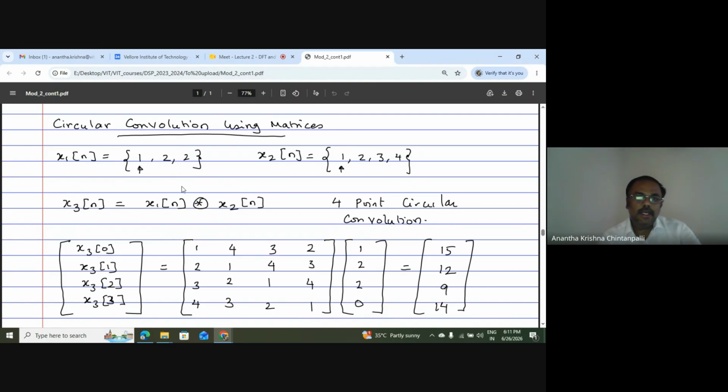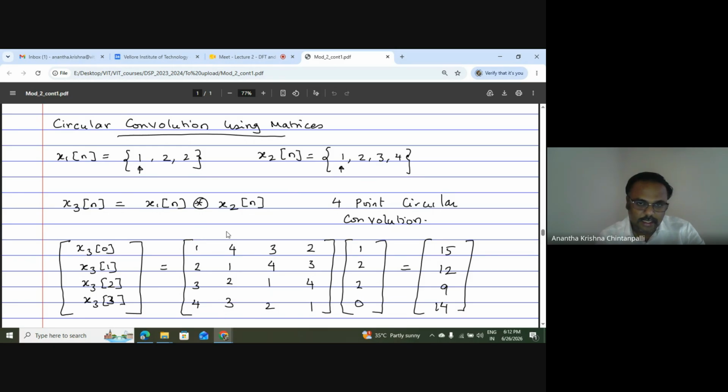Now what you do is fix one of the sequences as a row or column vector. In this case, I'm going to take 1, 2, 2, 0. For the other one, I need to make sure that it's a matrix of 4 cross 4. How I do it is, I take this entire sequence 1, 2, 3, and 4. Now, to get the second column, I take the last element and put it up, so it shifts down. So this becomes 4, 1, 2, and 3.